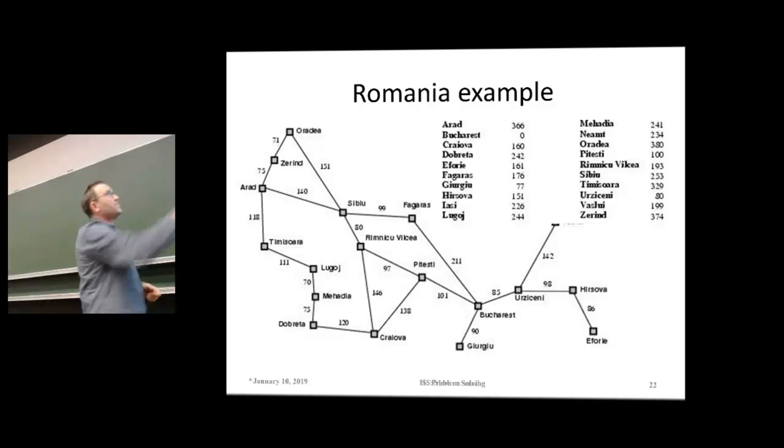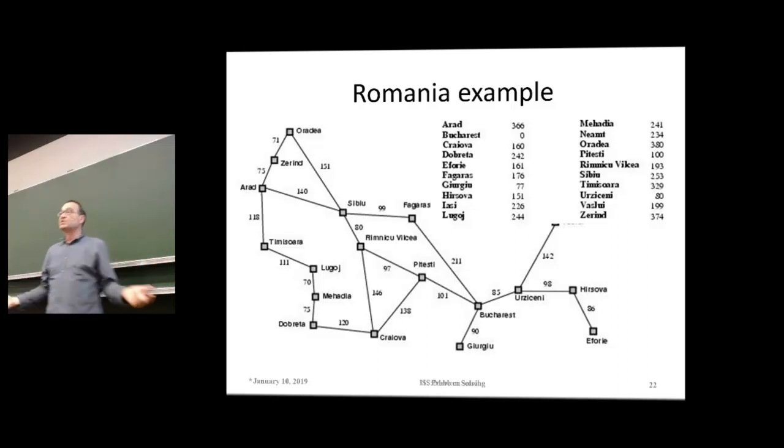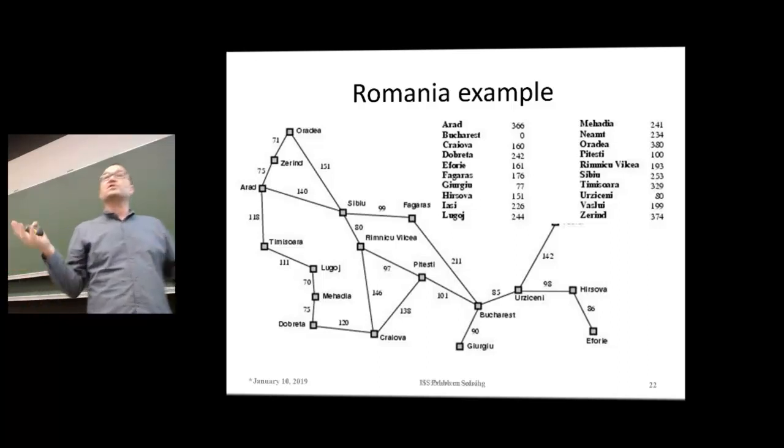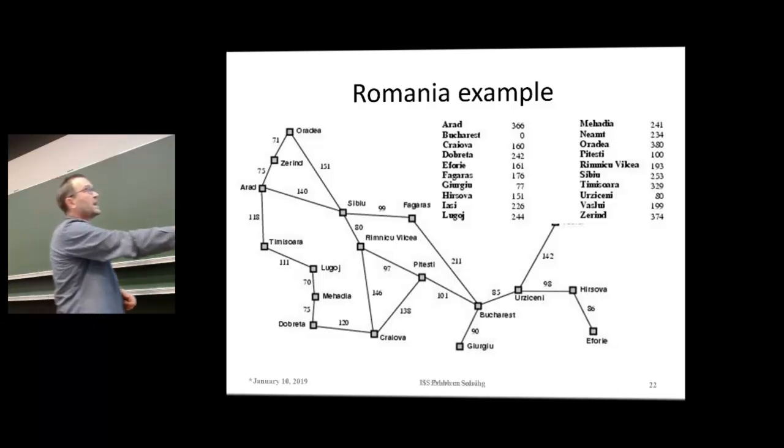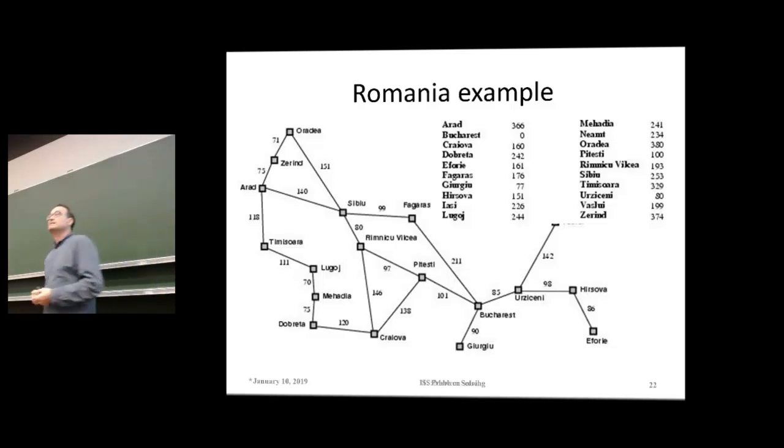But we also have, and that is our heuristic H, the beeline distance or the shortest line distance. So that's these numbers. So we know that if we would go without any detour from Arad to Bucharest, it would be 366.